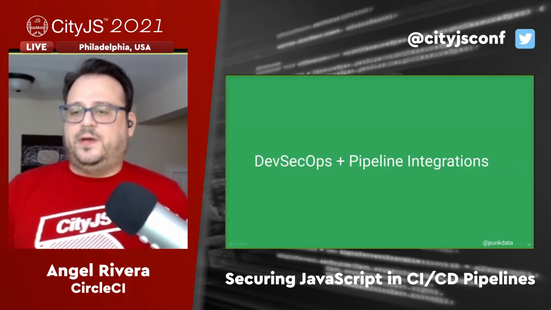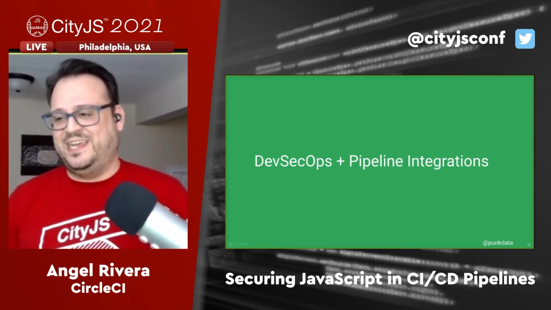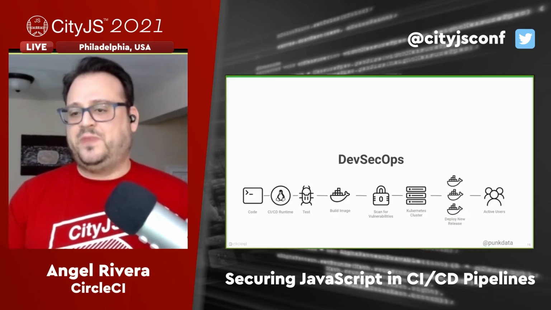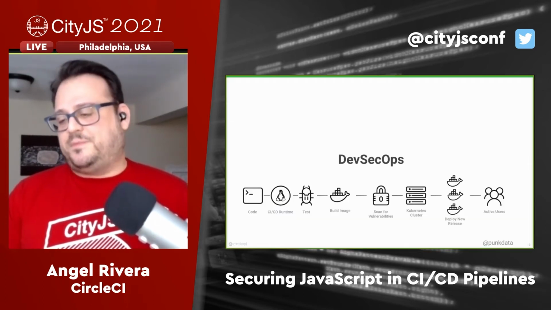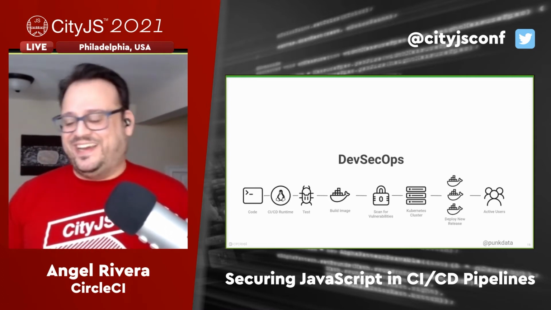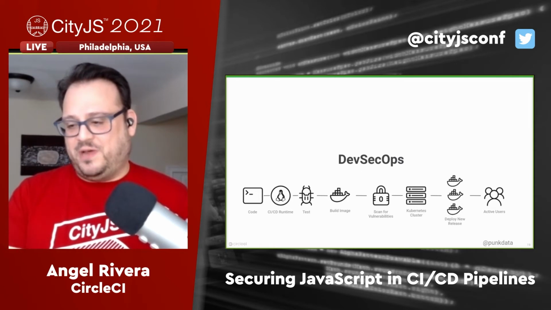All right, so we've covered practices and principles, DevOps, CI/CD. Let's talk about DevSecOps and pipeline integrations. So with DevSecOps, when I started developing software, this is kind of where the pipeline looked like.